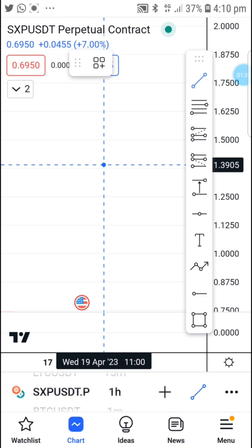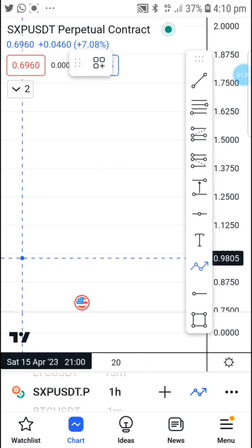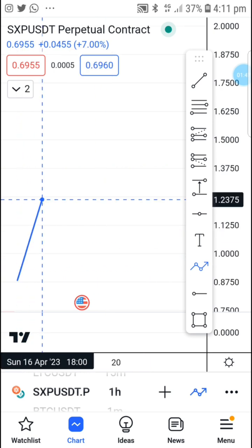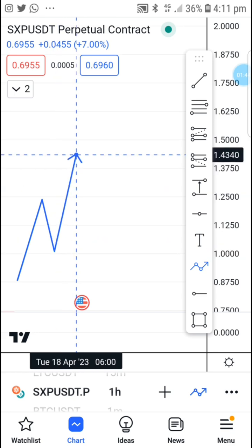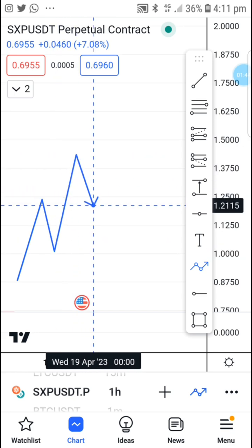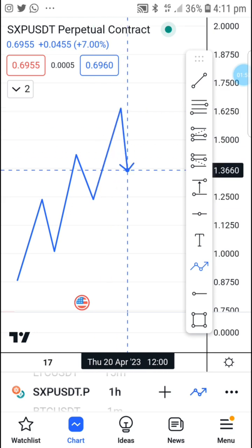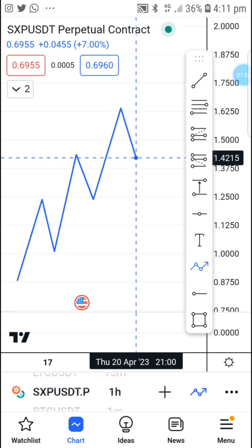For instance, if we're having an uptrend, let's talk about a sketch. We're having a higher high, another higher low, another higher high, another higher low, higher high, another higher low, and we have another higher high.